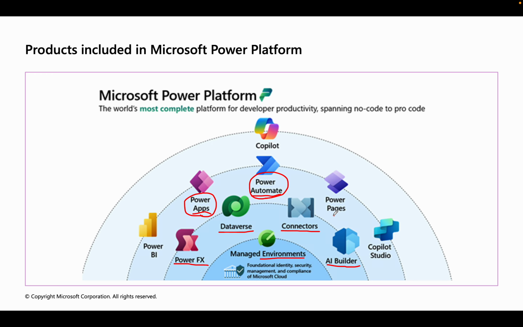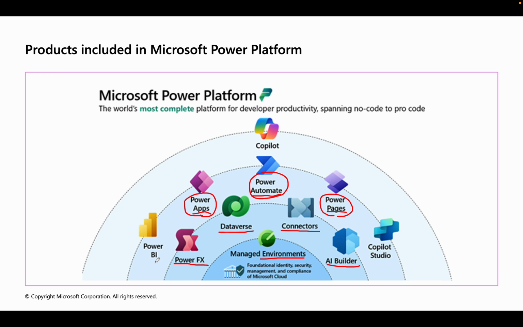The third one is Power Pages. This is a tool to make a web page. So you may show the information inside the Dataverse on the web pages to let some external facing persons access it.